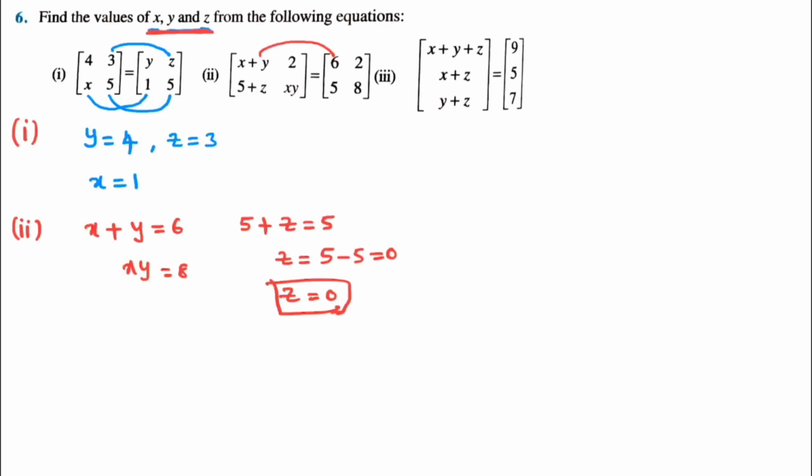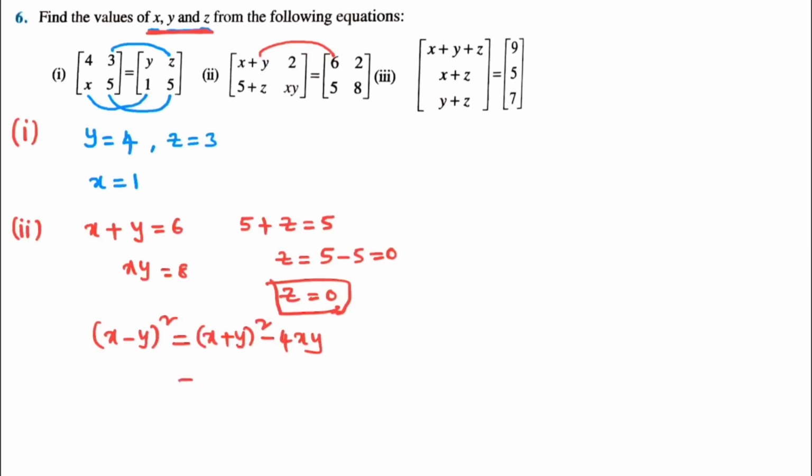You know this formula: x minus y whole square can be written as x plus y whole square minus 4xy. This we learned in 10th standard. Why did I write this? Because I know x plus y and xy. I substitute here, I'll get the x minus y value, so that I can calculate the x value and y value.